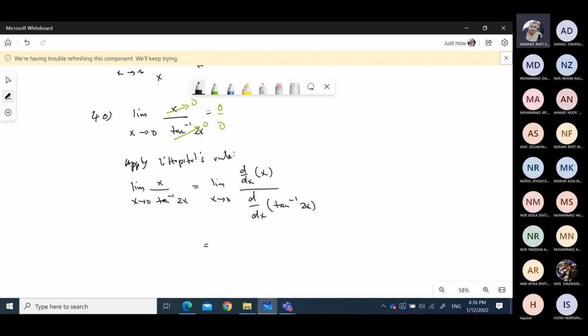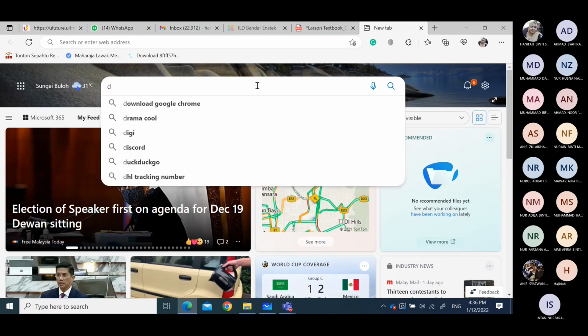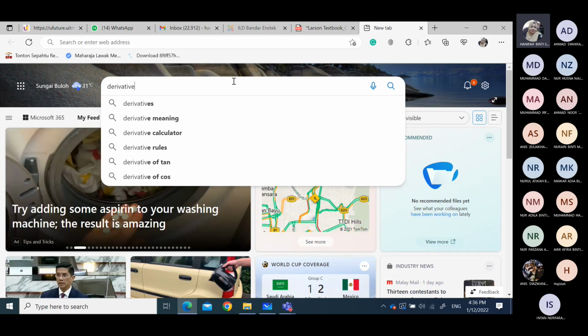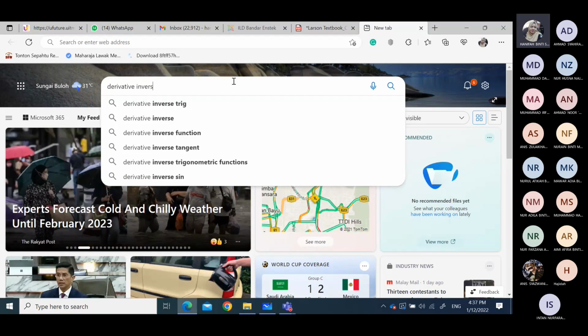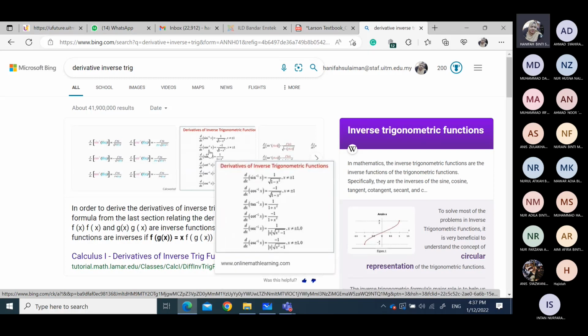Differentiating, the derivative of x is 1. For the derivative of tangent inverse of 2x, recall the inverse trigonometric derivatives. The derivative of tangent inverse x is 1 over 1 plus x squared.